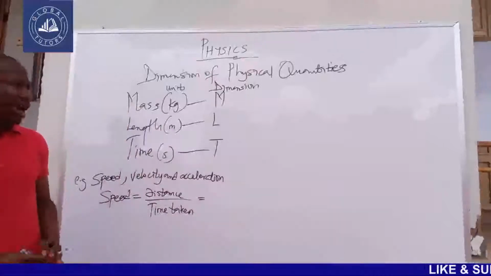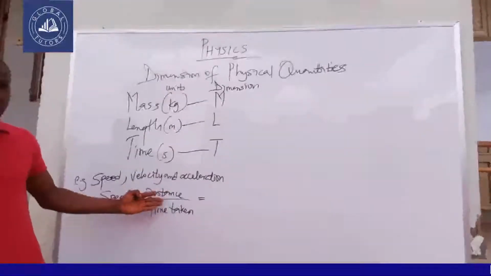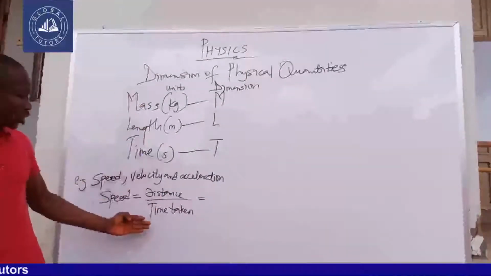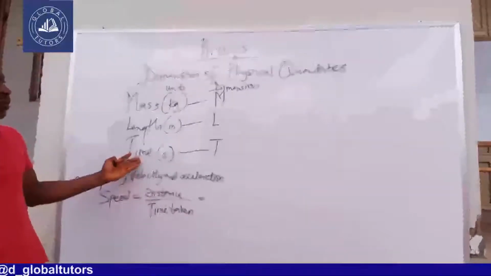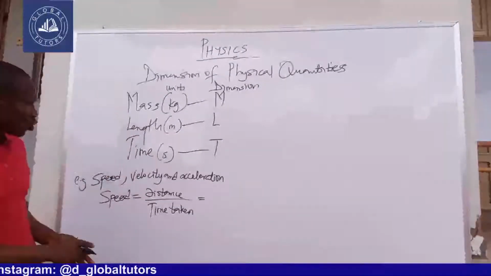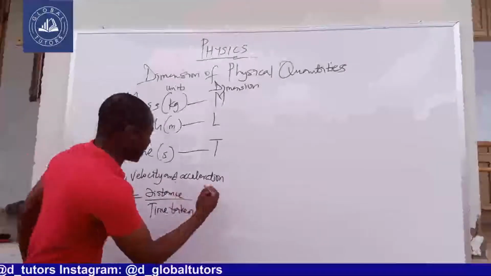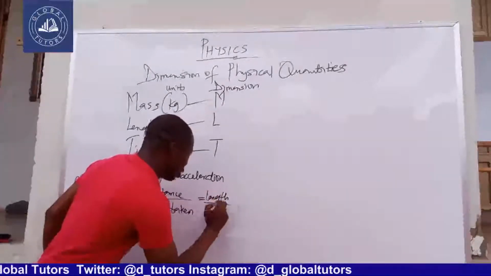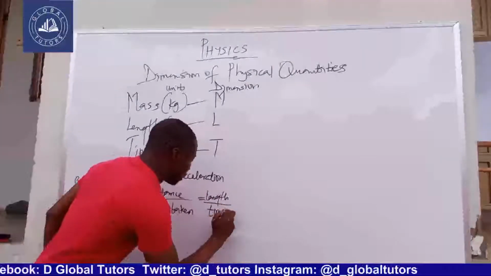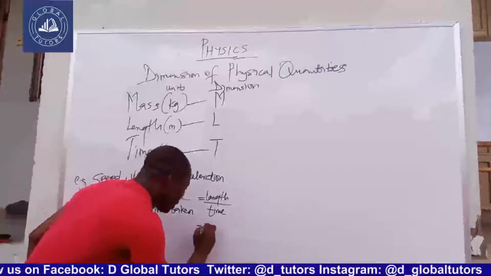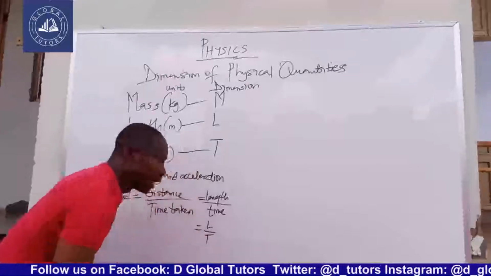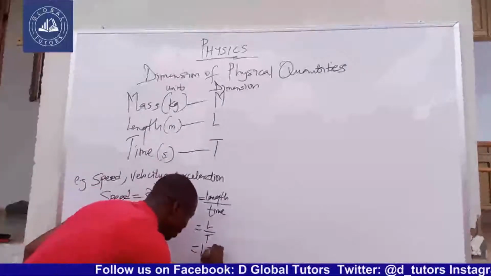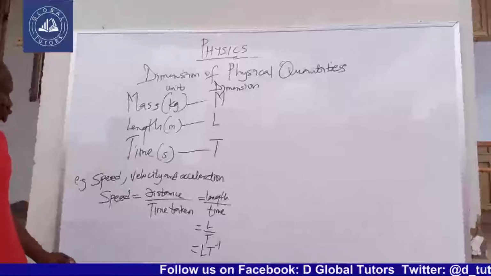Don't forget our distance is measured in length and time taken is under this basic quantity. So we have length all over time. That will give us L over T, and we write it as LT raised to power minus 1. That is the dimension of speed.